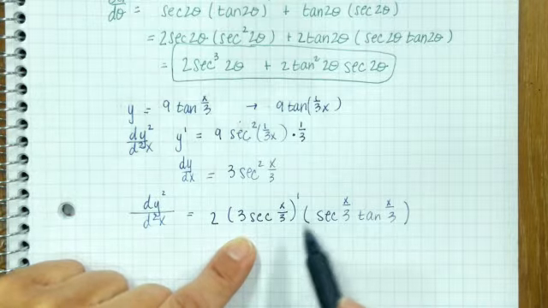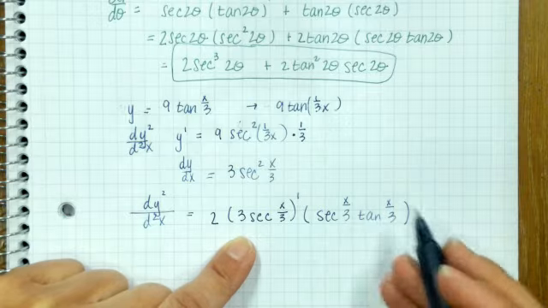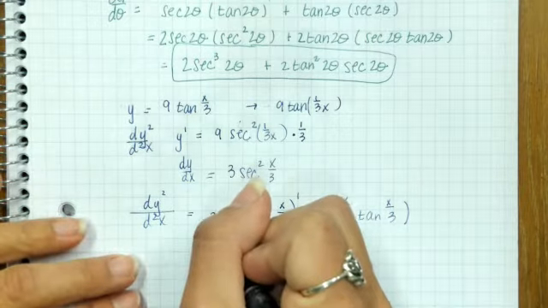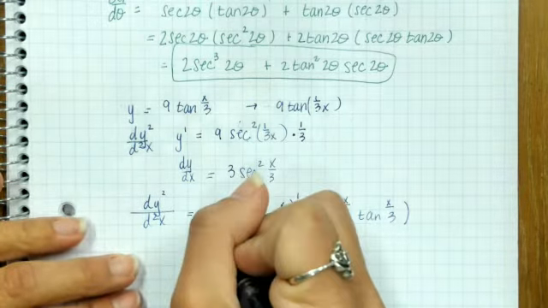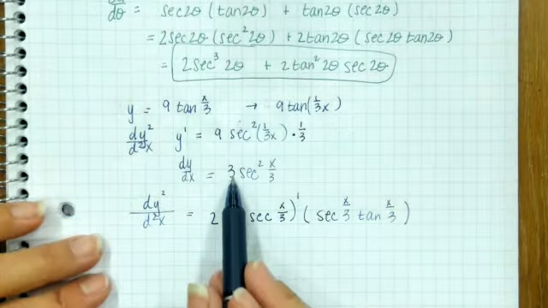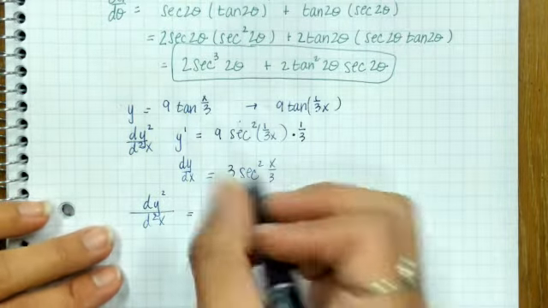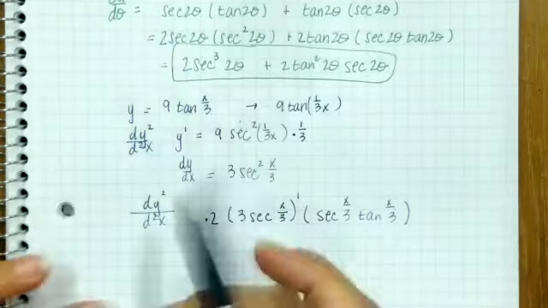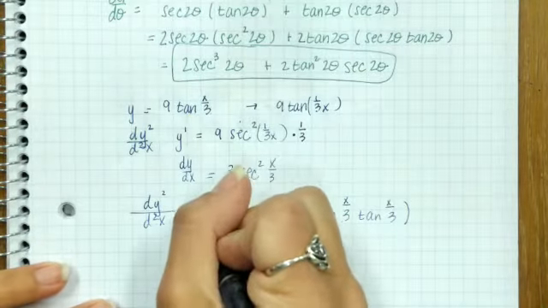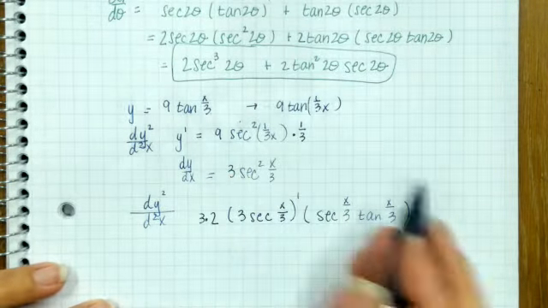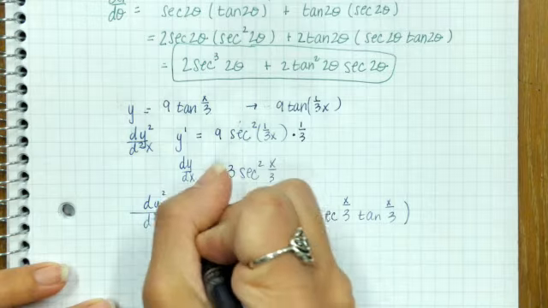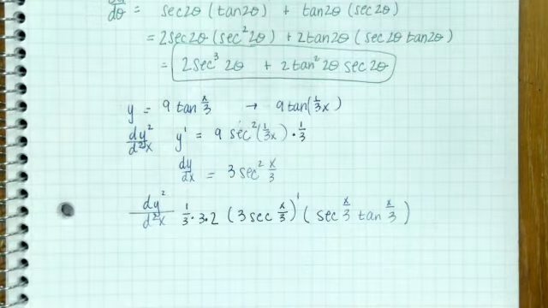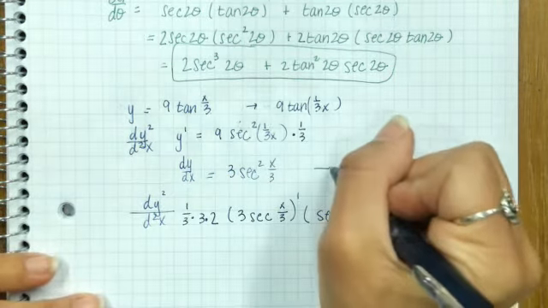And then times the derivative of 1/3 x, which is 1/3. And I forgot the 3 that was in front. Think of it this way.